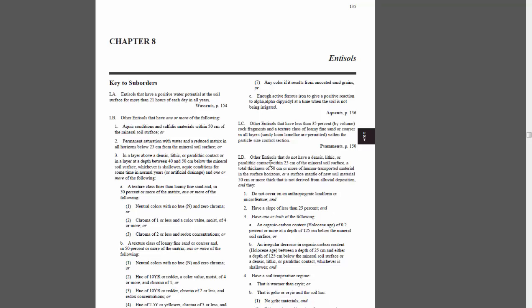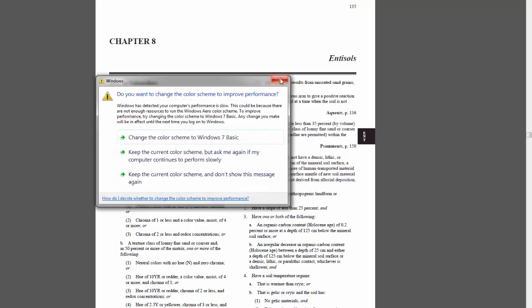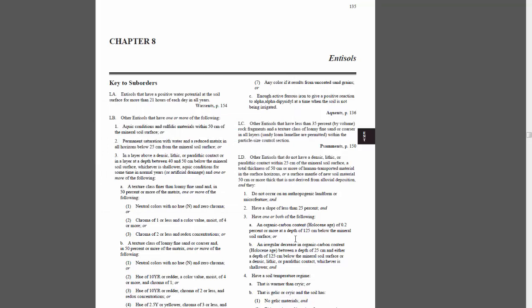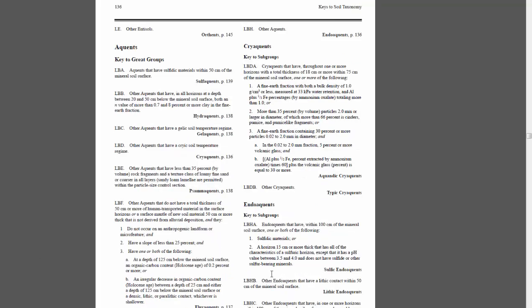Fluvents are ones that exclude some things, but in general they have a low slope less than 25%, and they have irregular distributions of carbon throughout the profile, and they're usually not very cold types of soils. I'm going to try to turn the page now, and it goes into aquents as the last suborder.